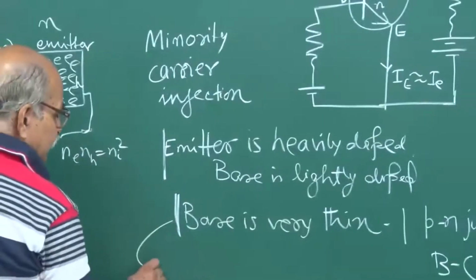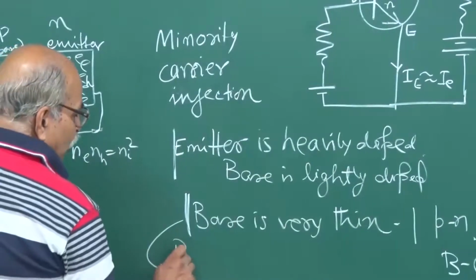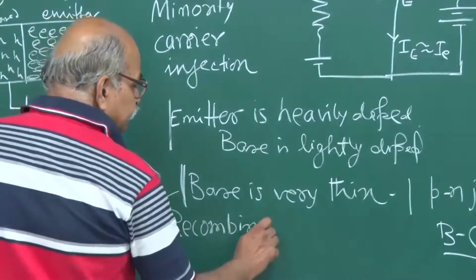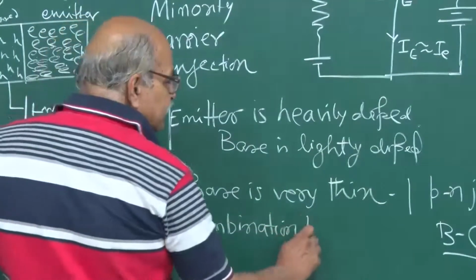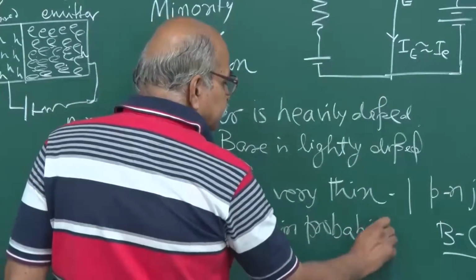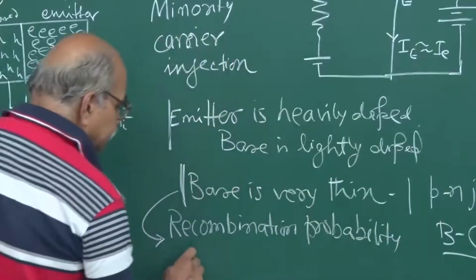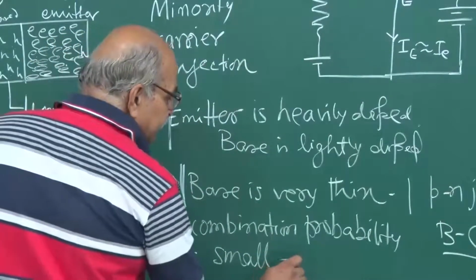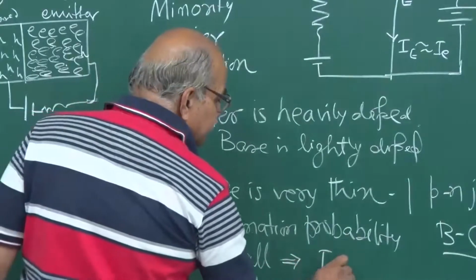So the result is the recombination probability is small, and this finally tells that IB is small.